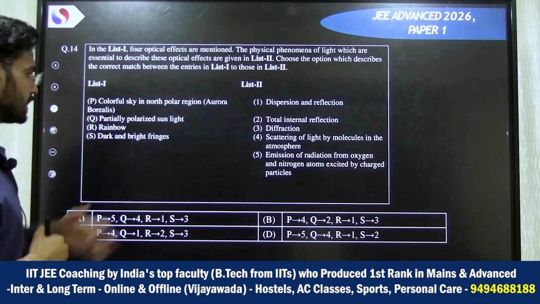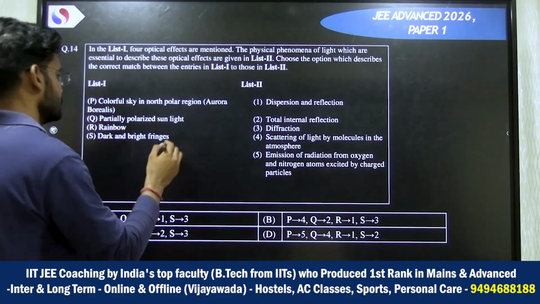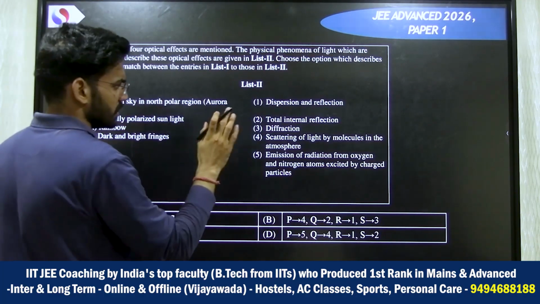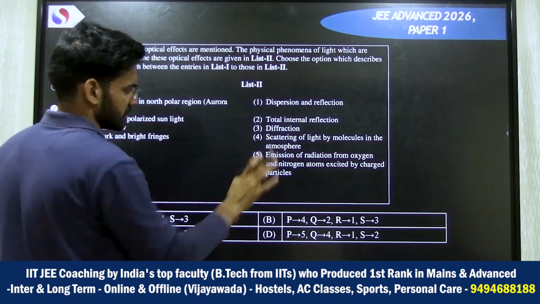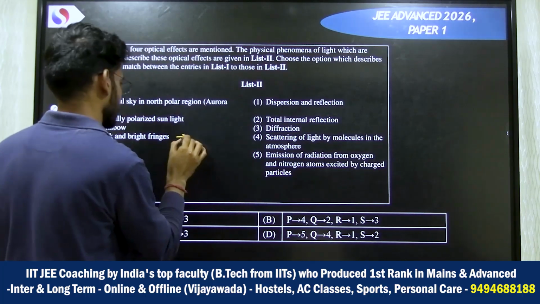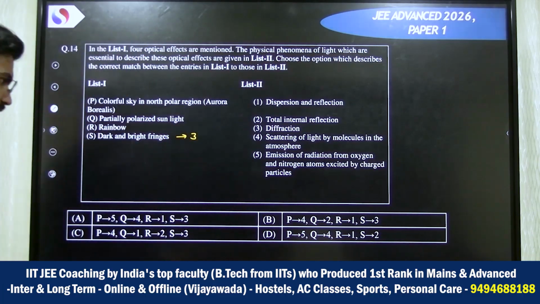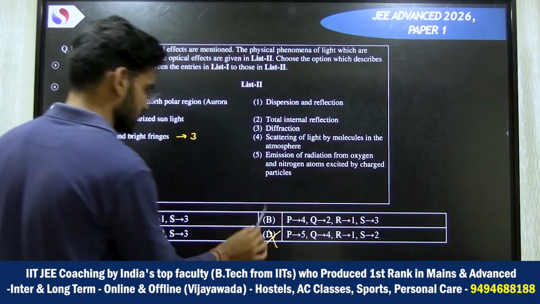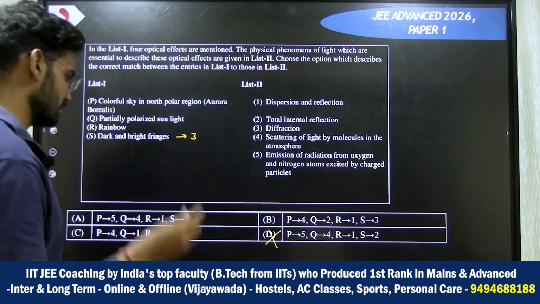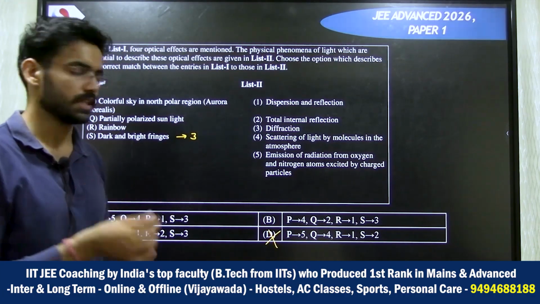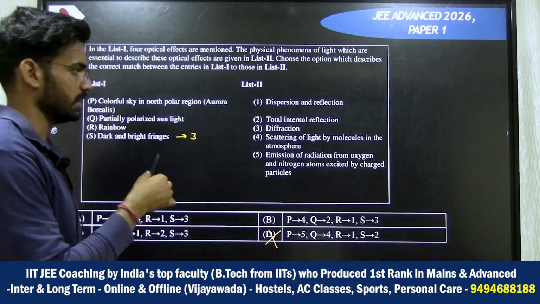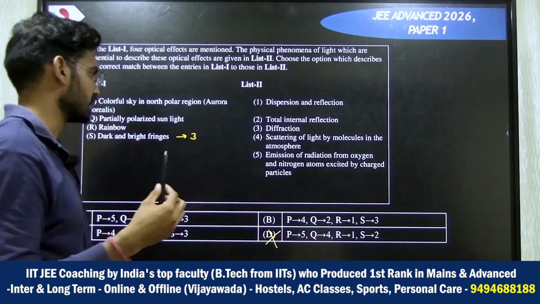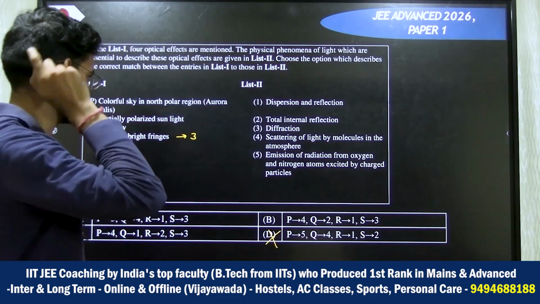See, for S, dark and bright fringes, we know diffraction happens, right? Dispersion, reflection, total internal reflection doesn't happen, it is diffraction. So S is 3. If S is 3, that means D option is gone. Now try to focus. I can match 2 or 3 of them, and then I can say the answer came. But let's say I don't know much of these things.